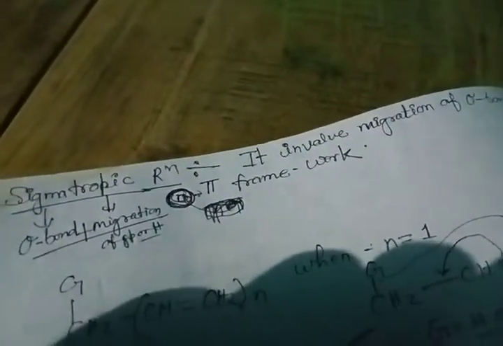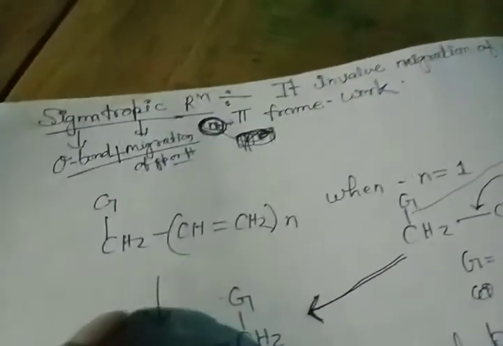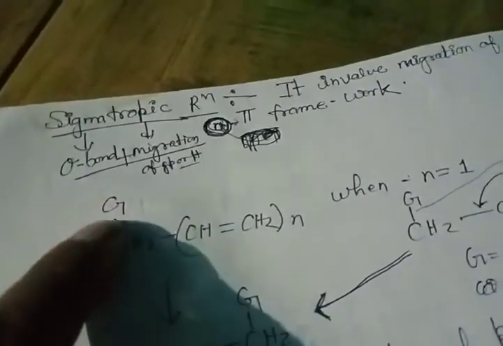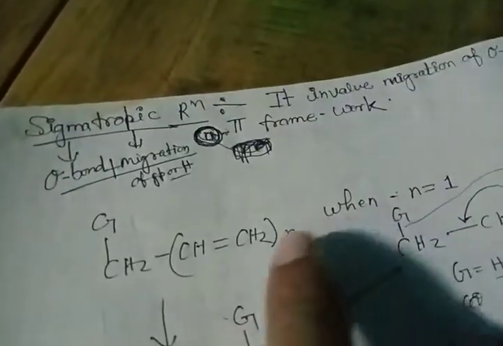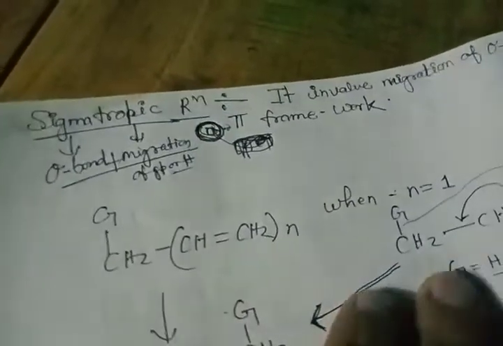Sigmatropic reactions. It involves migration of a sigma bond or pi bond. See here, this is the group CH2 CH double bond CH2 whole n.